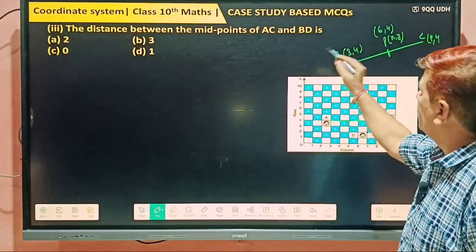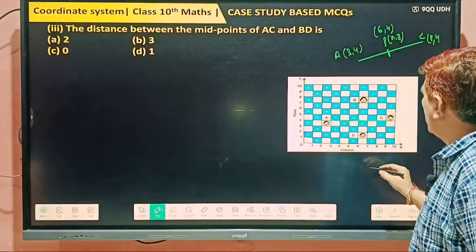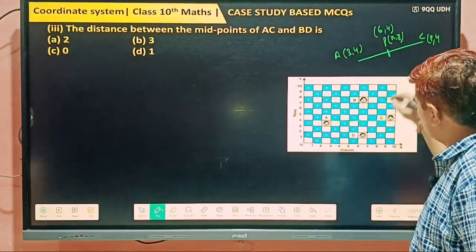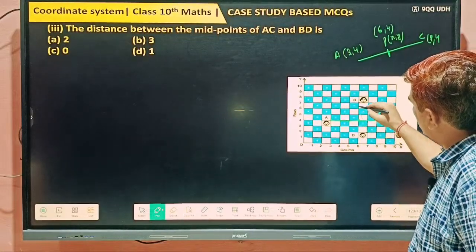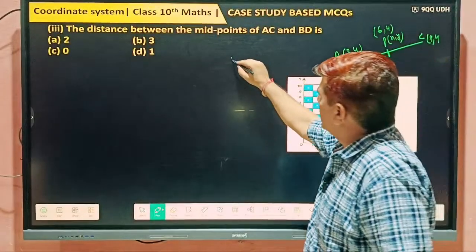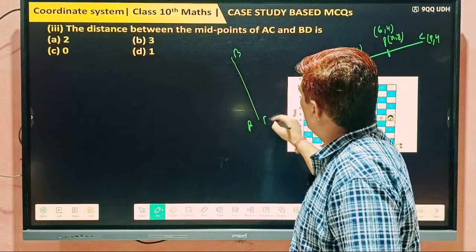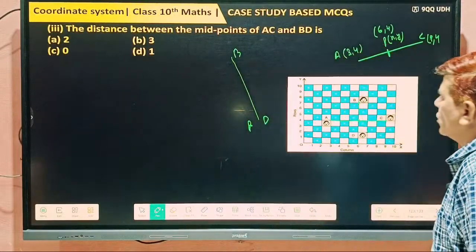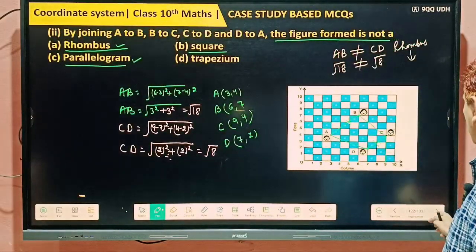And what saying? BD. Where is B? B is this. And D is this. Join this. So BD we can take like this: B upside and here D. So what are the coordinates of B? From here you can take 6 and 7.